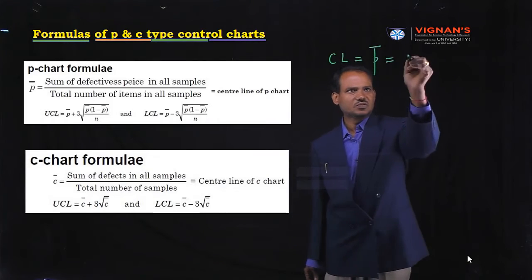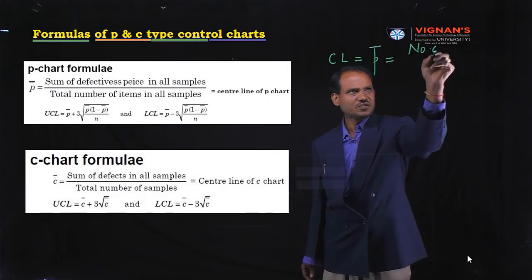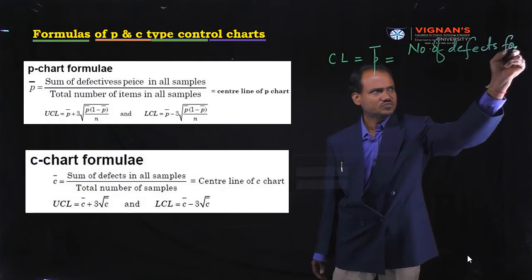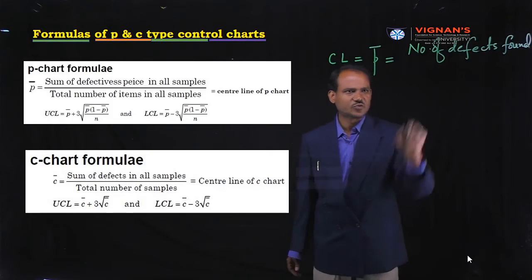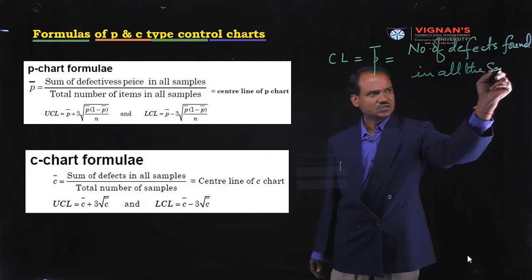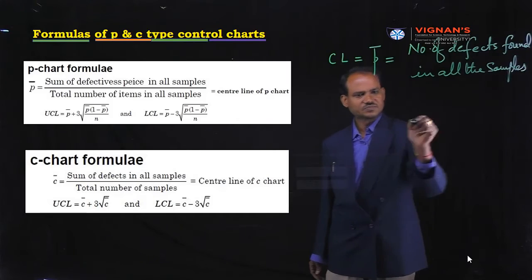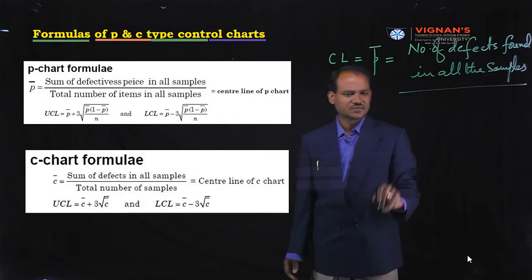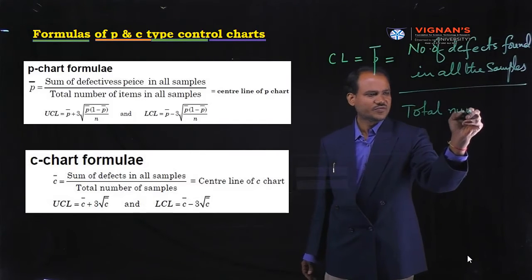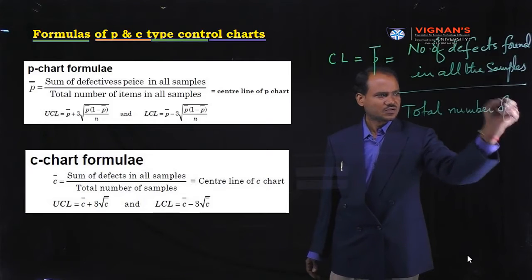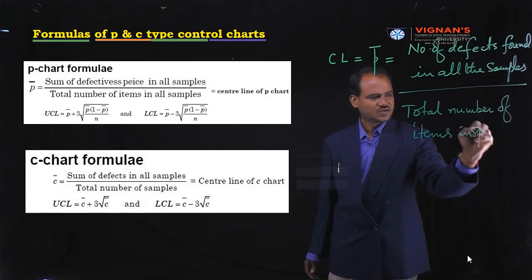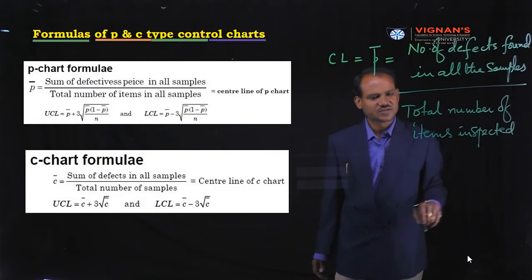P bar is equal to the number of defects found in all the samples divided by the total number of items inspected. Total number of items inspected.